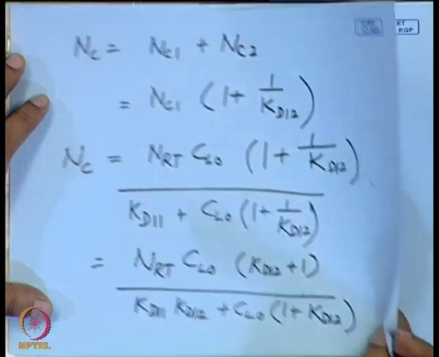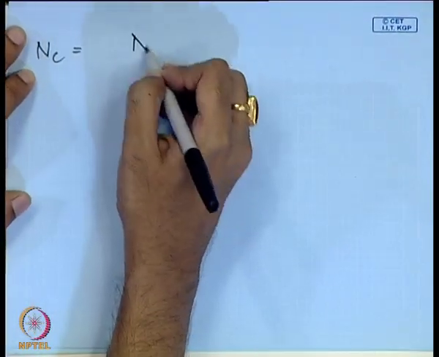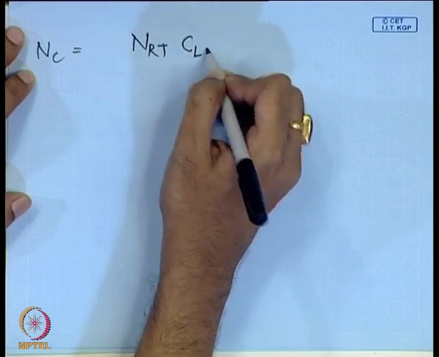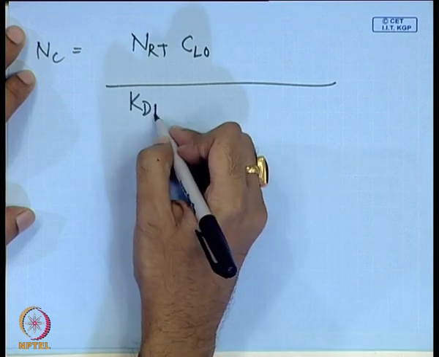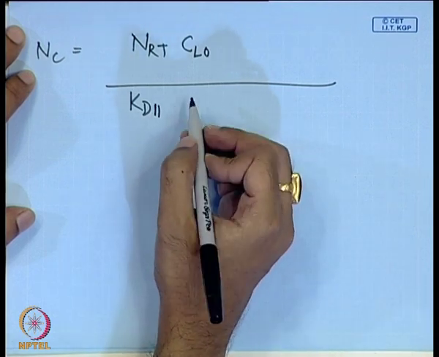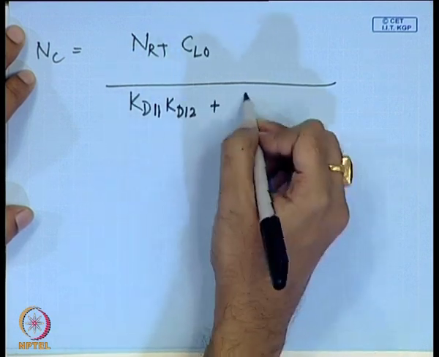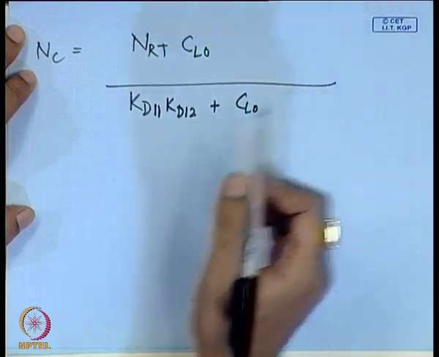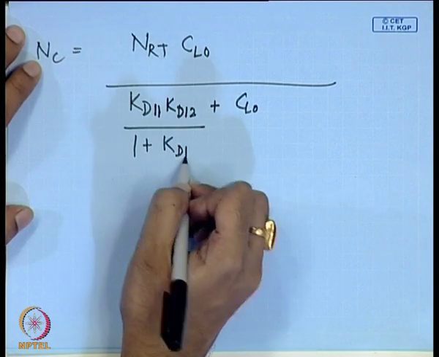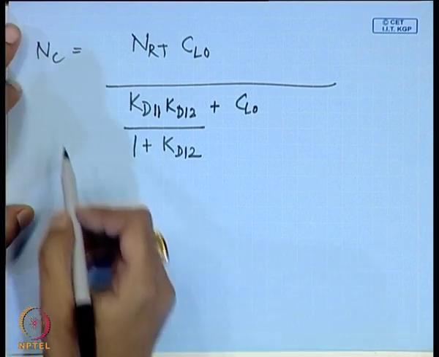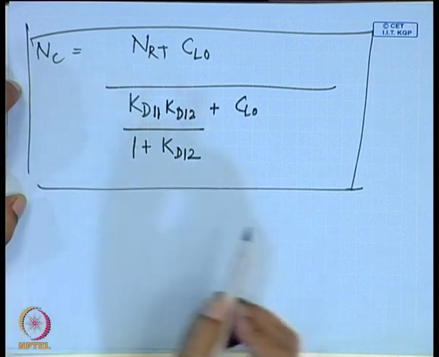I can write it like this, or I can make it even simpler and write this as nRT CL naught divided by KD11 KD12 plus CL naught, divided by 1 plus KD12. So, this is my final relationship between NC and nRT.